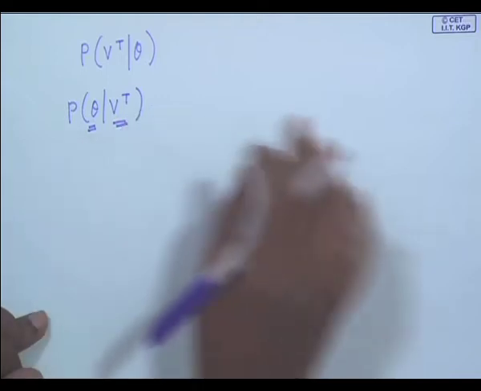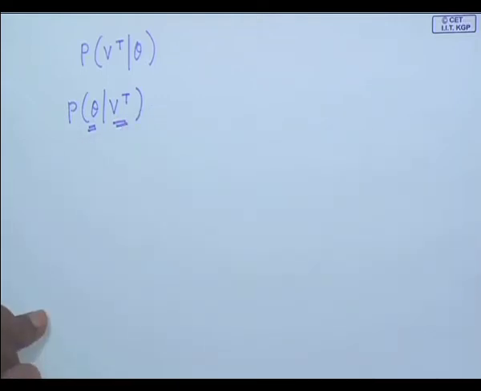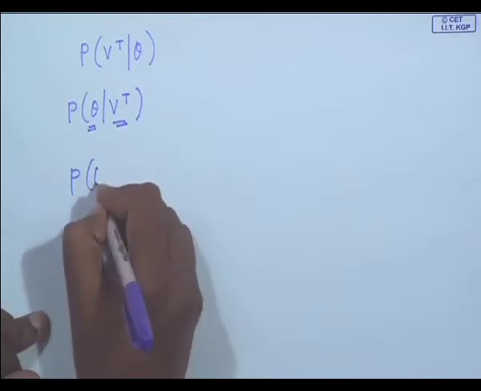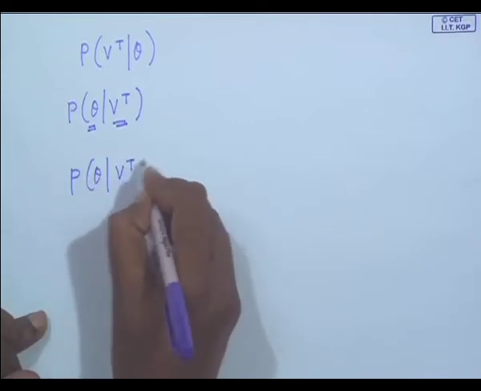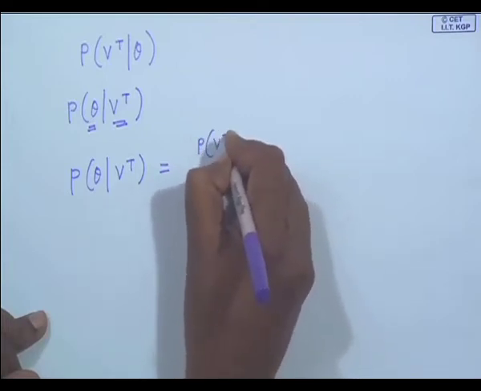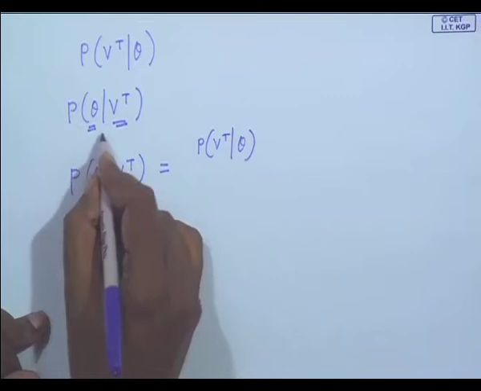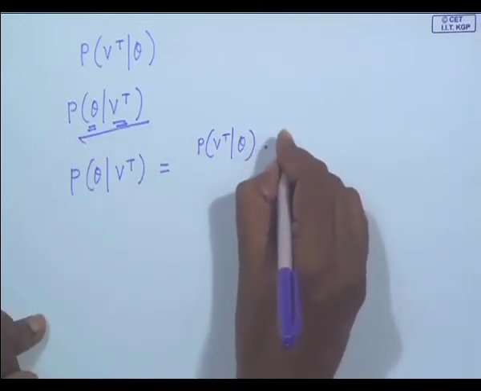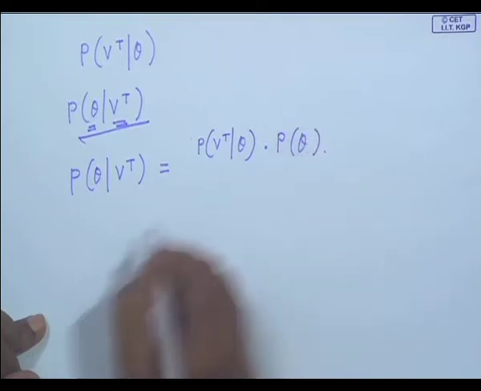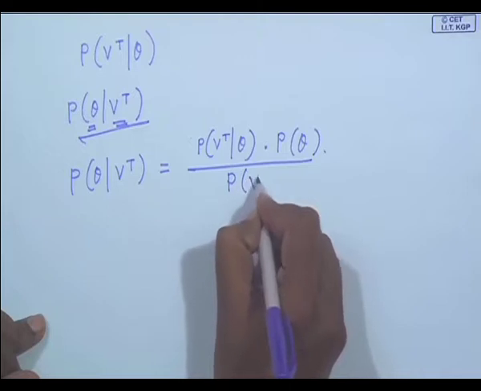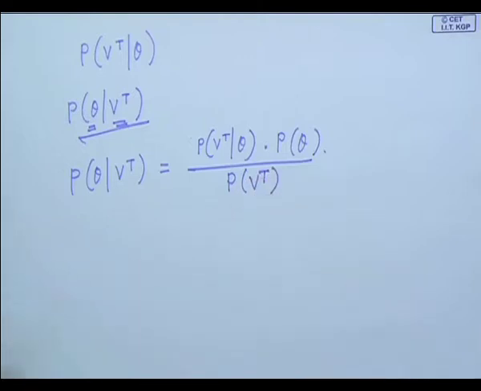So, here again we can apply the Bayes rule: P of theta given V t is P of V t given theta, which is nothing but this quantity, multiplied by P of theta, the a priori probability, upon the probability of this sequence V t irrespective of the models.